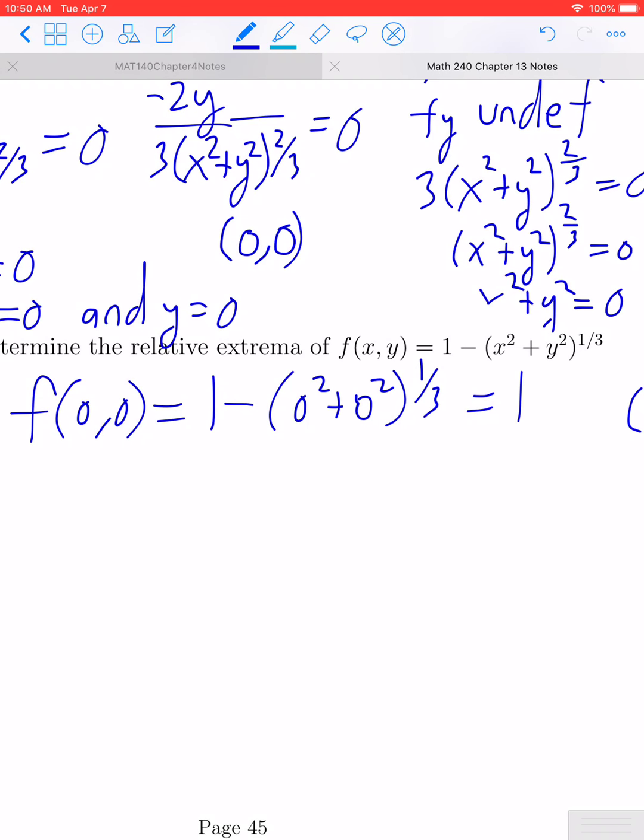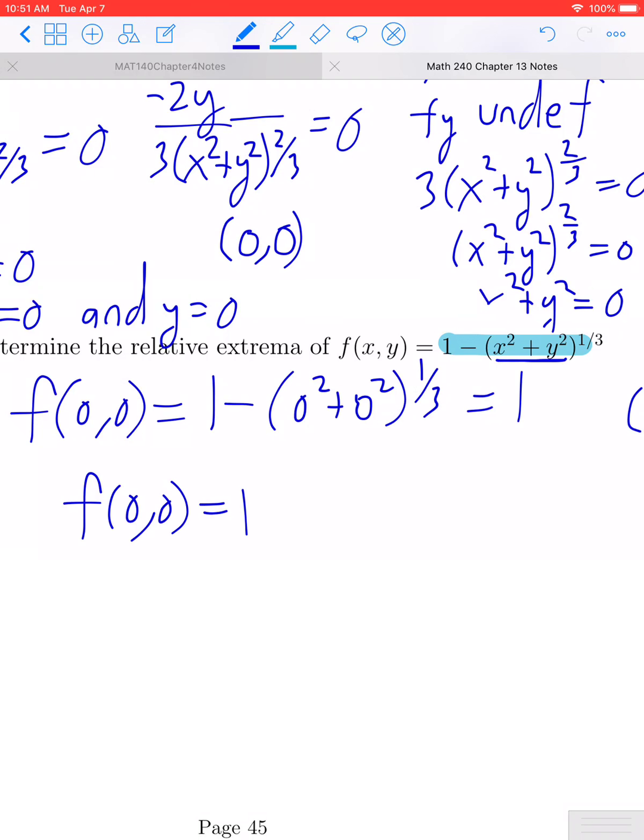In order to determine whether or not this is going to be a relative minimum or a relative maximum, or perhaps neither, we can do a little bit of analysis on the function. If we look at the way in which f of x, y is constructed, it's 1 minus (x squared plus y squared) to the 1/3 power. Well, as a quantity, x squared plus y squared is always going to be non-negative, meaning it'll be at least 0 or positive. And then when you take the 1/3 power, which is equivalent to the cube root, that will still produce a non-negative result.